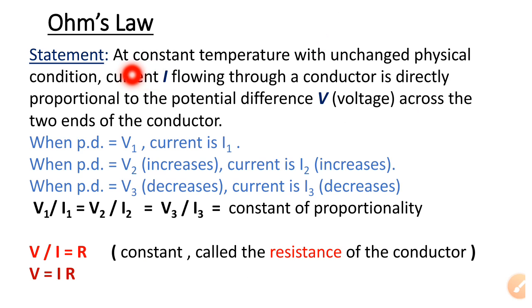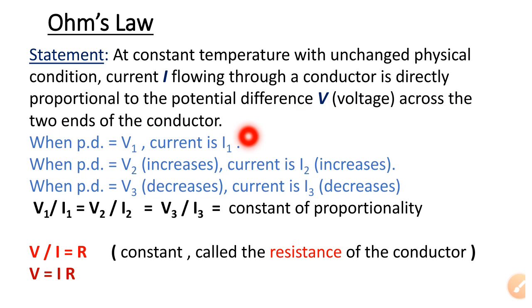Okay, at constant temperature with unchanged physical condition, that means there is no pressure difference, the temperature will remain constant. So at constant temperature with unchanged physical condition, the current I flowing through a conductor is directly proportional to the potential difference V across the ends of that conductor.